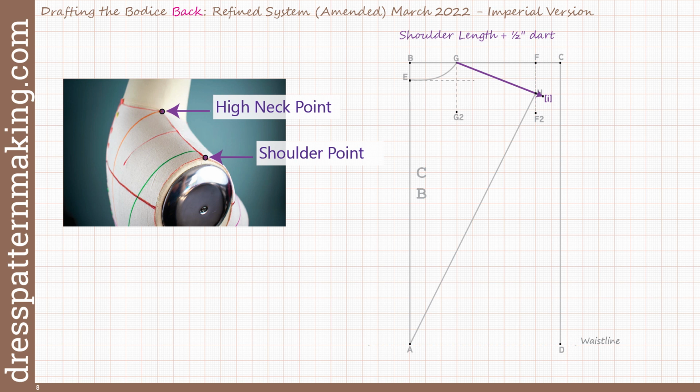The next measurement is the shoulder length, measurement number 8 on the chart. Take your shoulder length measurement and add a 1/2 inch for a dart.